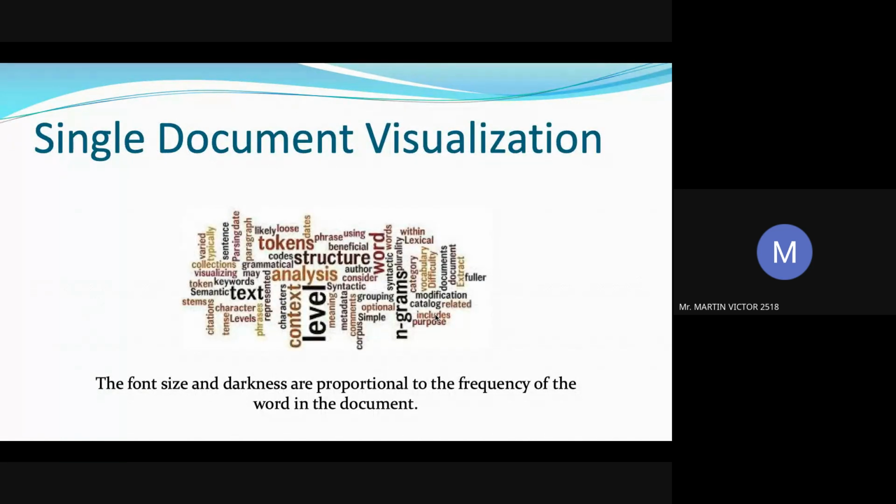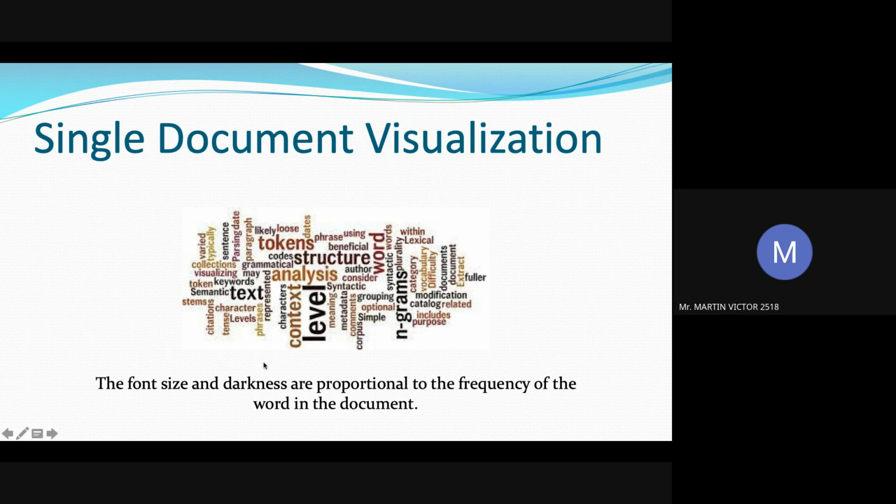Now, when we are talking about text-based visualization, there are two types of visualization. One is single document visualization, and the other one is document collection visualization. Here you can see something familiar to all of us, which is a word cloud.